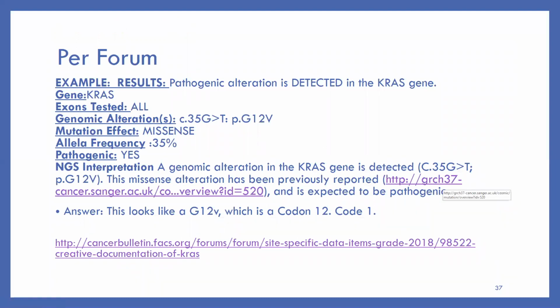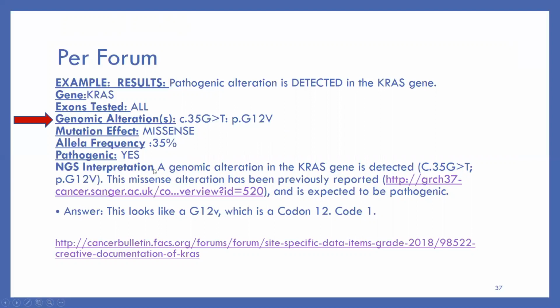First, let's look at an example of what we're looking for in a KRAS, and actually what do we text. So this is a KRAS report. The KRAS alteration is detected. Down here in this genomic alteration line, you will see hidden here a 12V, and that means that the codon 12 is abnormal.